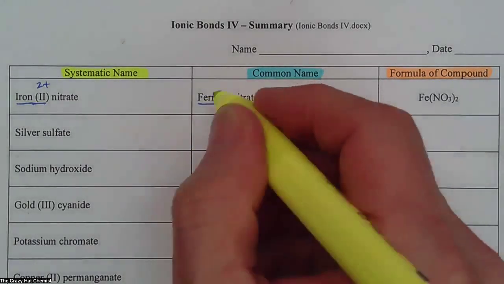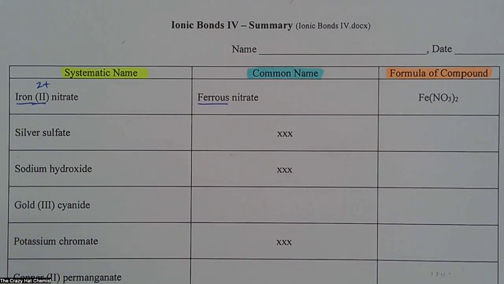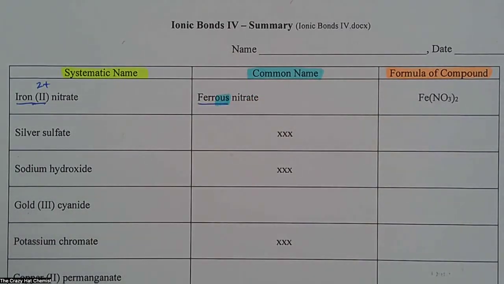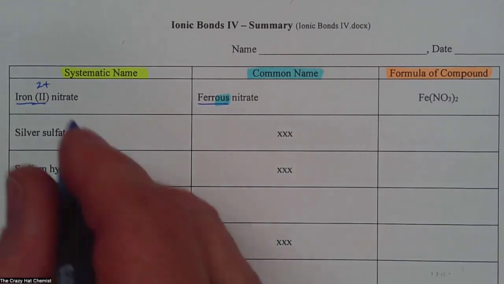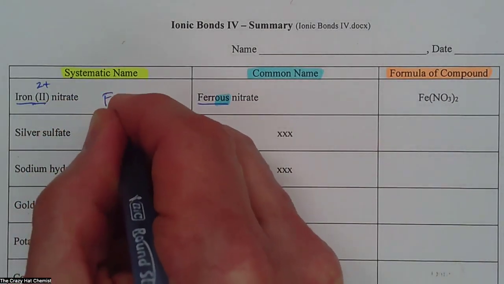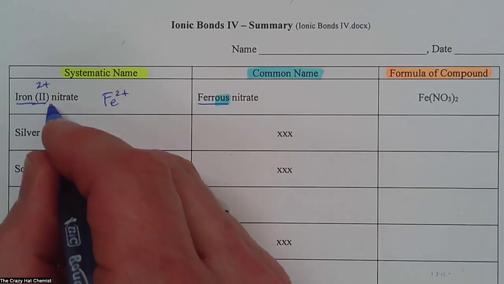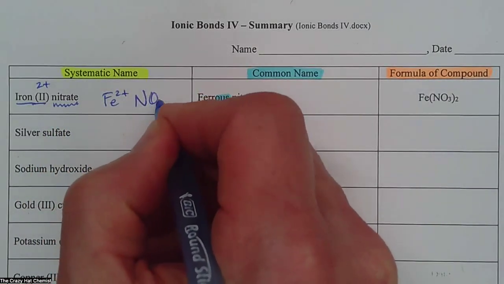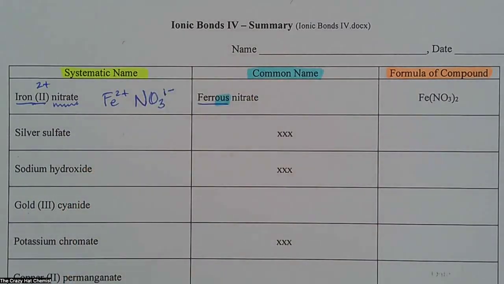The OUS of the common name is always the lower charge of the 2 charges, if there are 2 charges. And so what one would do is write Fe, and that's a 2 plus, and then you have to know the polyatomic ion nitrate, that is NO3 with a -1.